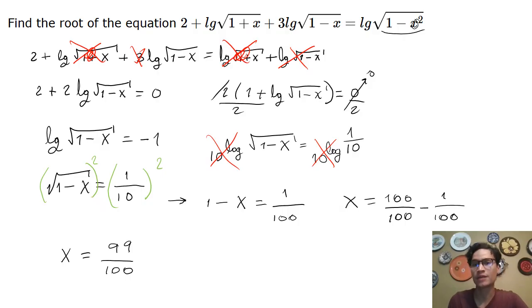The next thing we can do, because this is not certified, is first observe what the domain of this equation is, because this is a square root, which cannot be negative, and the argument of the logarithm also cannot be 0, so we must create these inequalities. 1 plus x must be higher than 0, and 1 minus x must be higher than 0.